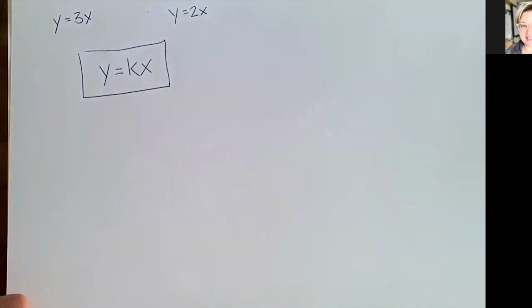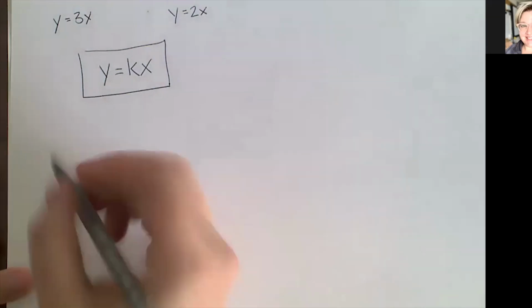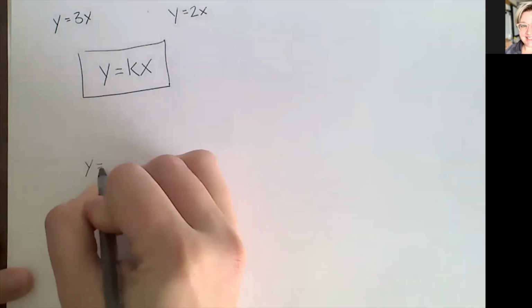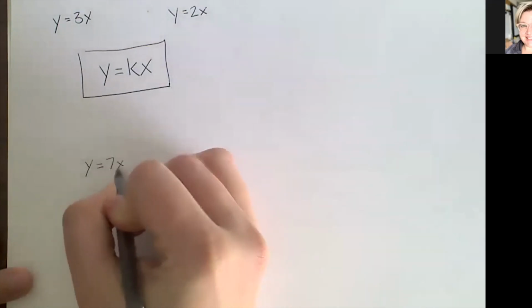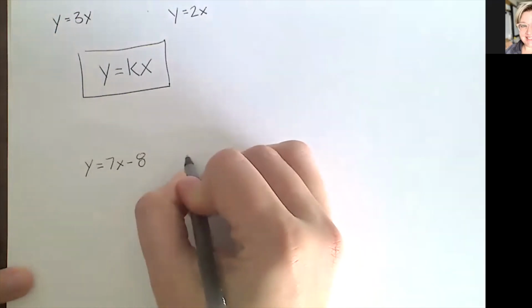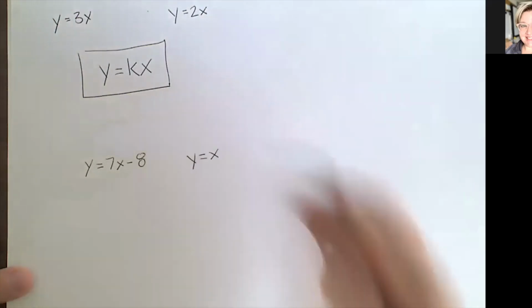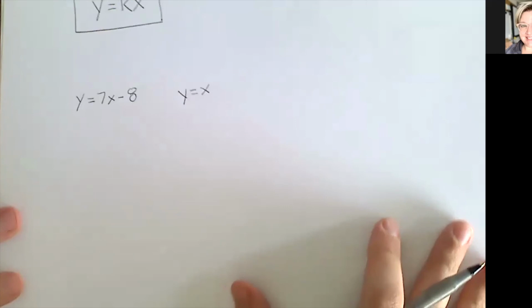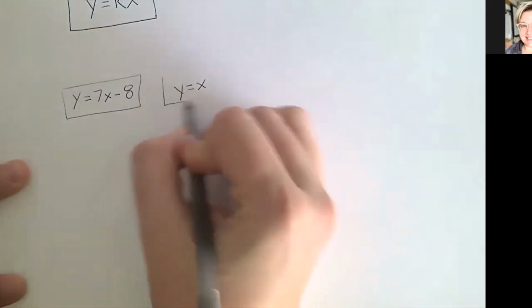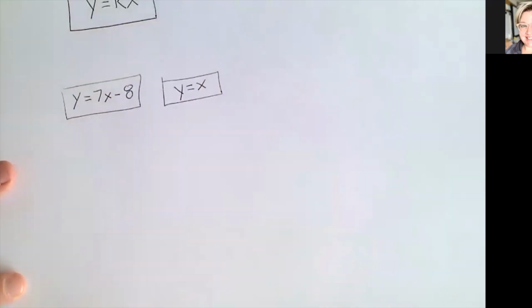If you got the two equations, y equals like 7x minus 8 and y equals x, and you had to decide, is one of these equations showing a proportional relationship between x and y?